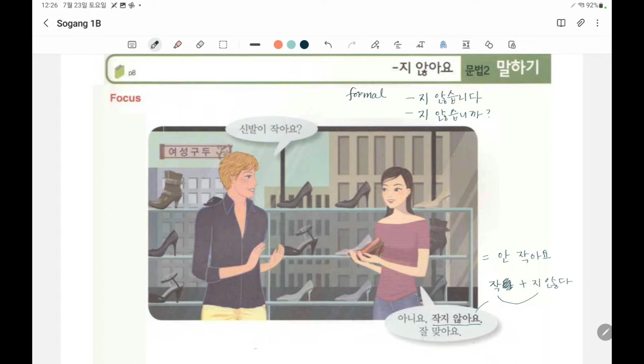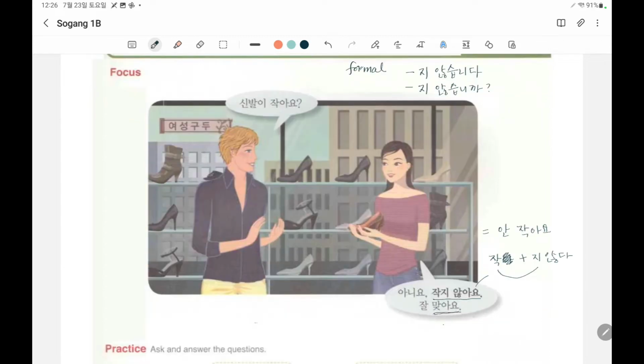자, last one 봅시다. 잘 맞아요. What is the base form of 맞아요? 맞다, isn't it? It has many different meanings, but here it means something suits, something fits.